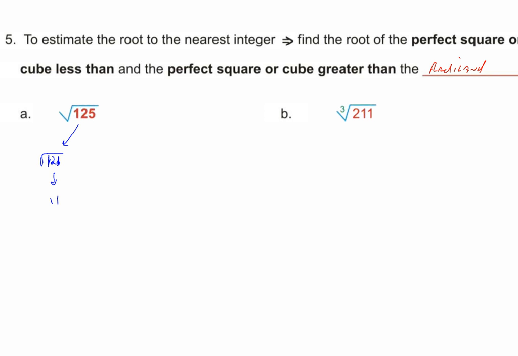This is an 11. And what's the next one? If 11 times 11 is 121, what's the next one? The square root of 144, the perfect square that's bigger, which is a 12. What two integers is the square root of 125 between? 11 and 12.